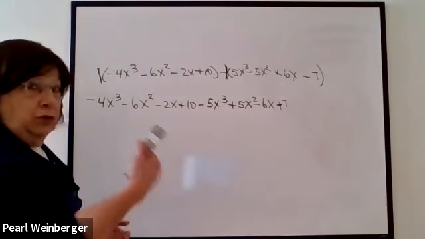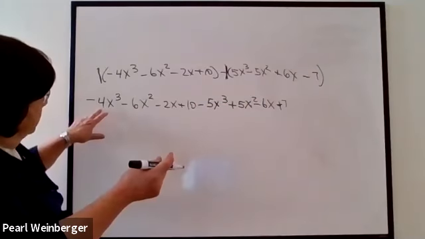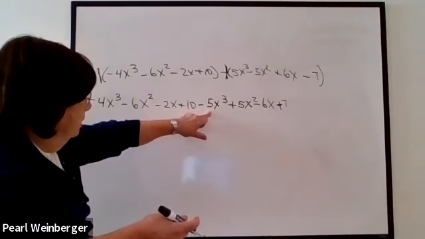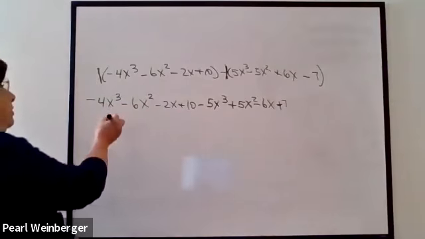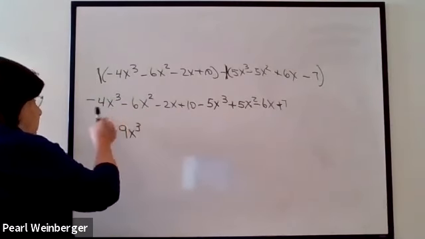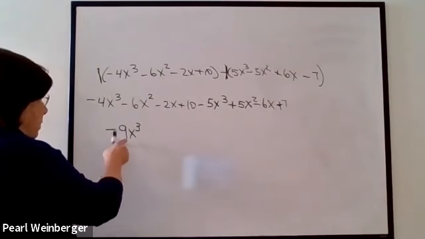And again, I do what I did before, and I combine the like terms. So here I have the negative 4x to the third and the negative 5x to the third, which gives me negative 9x to the third, because negative 4 and negative 5 together give me negative 9.